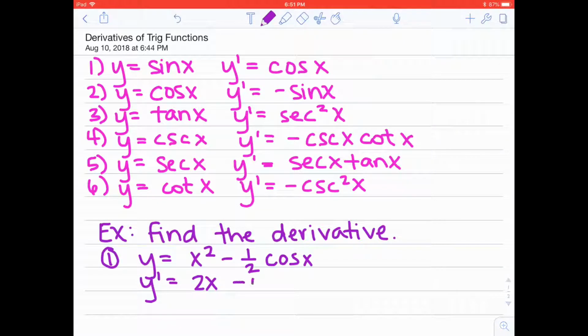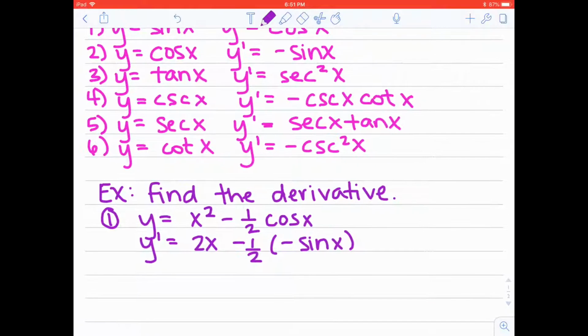So I'm going to say negative 1/2 is a coefficient that's going to stay. And then if I look up here, I can see that the derivative of cos is negative sine x. So I've got negative sine x right there. And so that means that my final answer for my derivative is 2x plus 1/2 sine x, because we had a negative being multiplied by another negative.